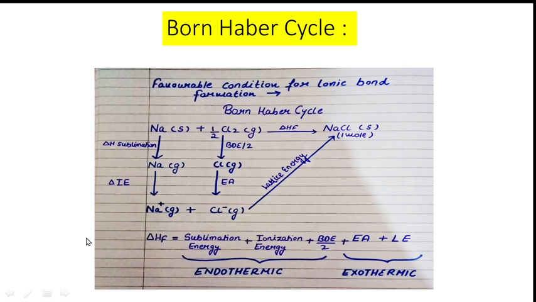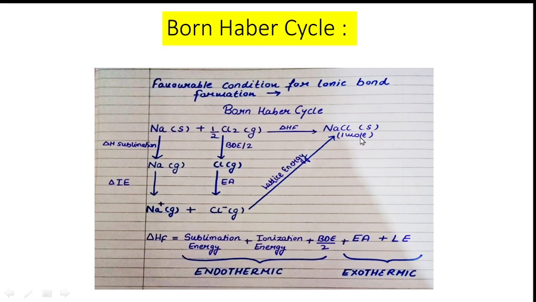Now you have the sodium positive ion and the chloride negative anion. When the bond between sodium and chlorine forms, you require an energy known as lattice energy for the formation of 1 mole of crystalline structure.